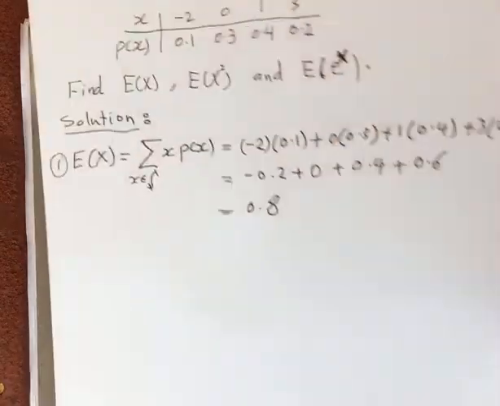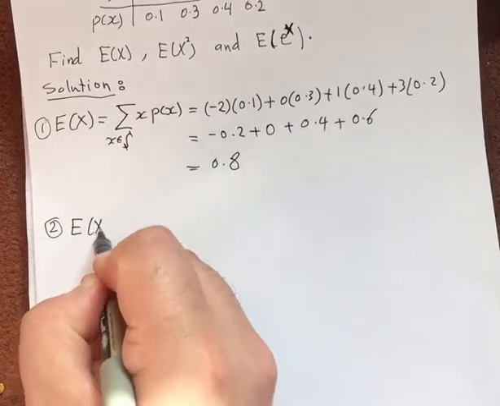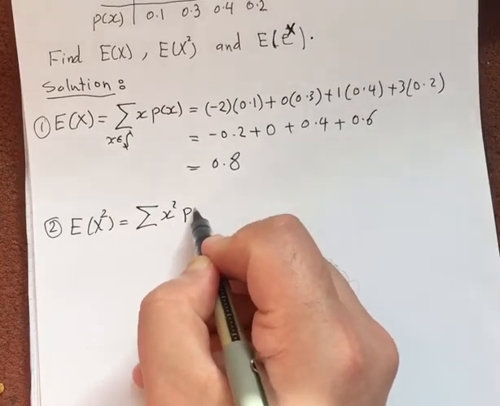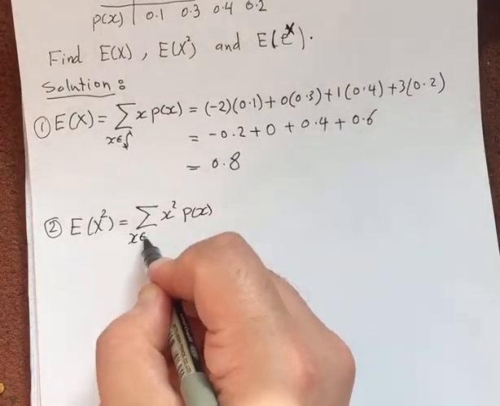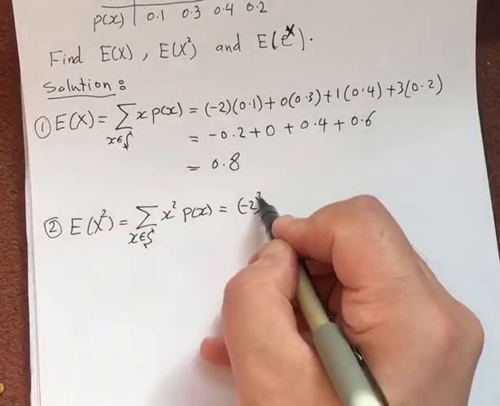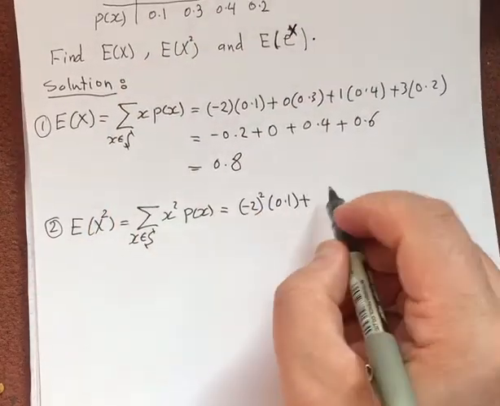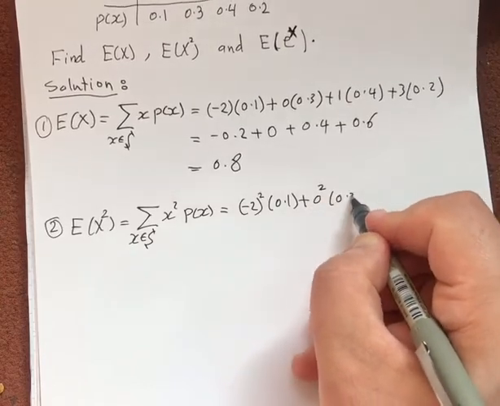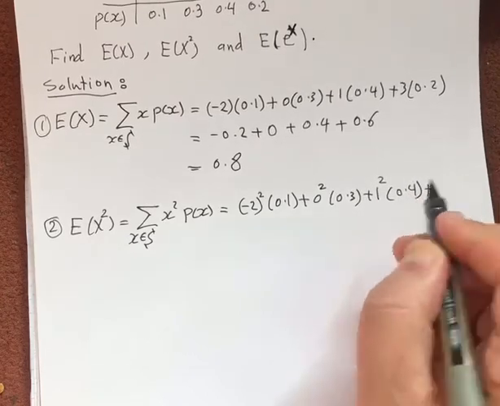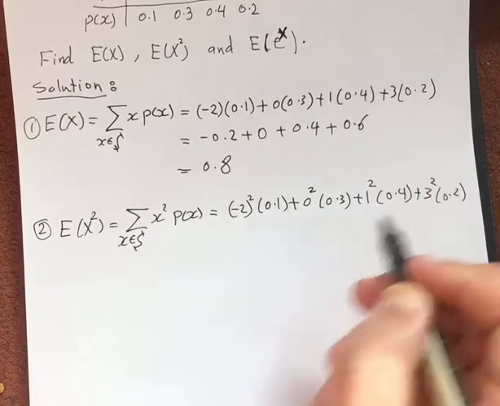Now let us take the second expectation, E of X squared. That will be the sum of x squared p of x, the definition of expectation. So we have minus 2 squared times 0.1 plus 0 squared times 0.3 plus 1 squared times 0.4 plus 3 squared times 0.2.